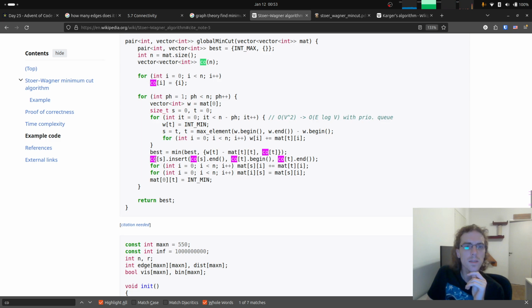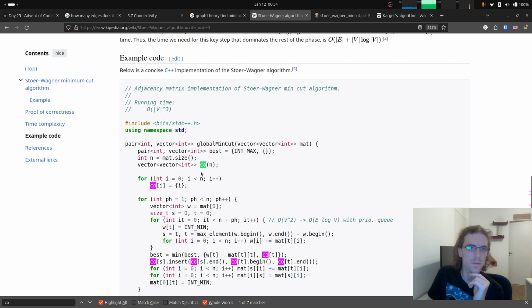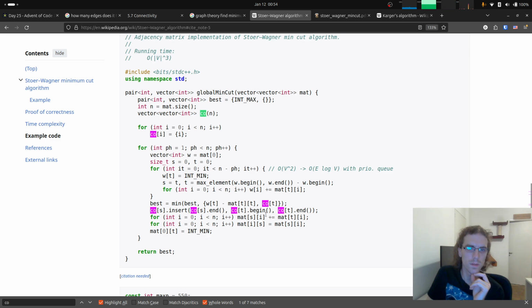So here, since co is a vector of vectors, I'm not sure if this best thing is a vector.